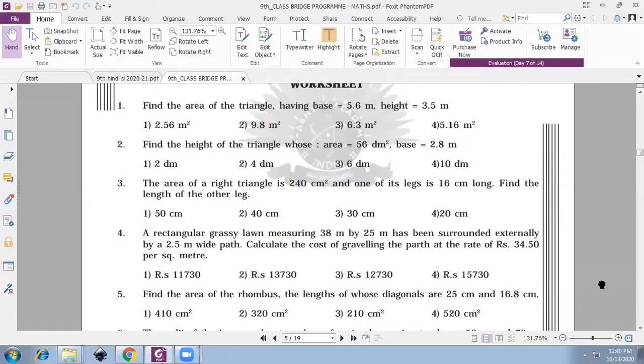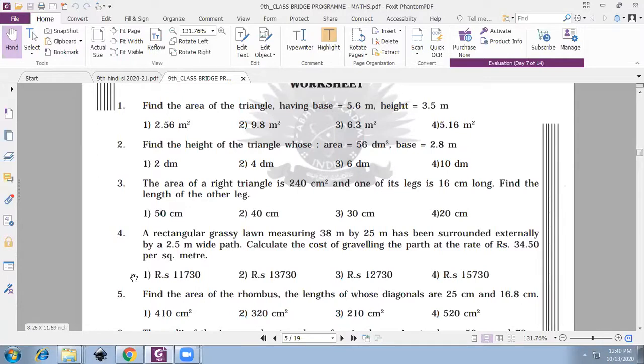Next, in the fourth question, a rectangular grassy lawn measuring 38 meters by 25 meters has been surrounded externally by a 2.5 meters wide path. Calculate the cost of graveling the path at the rate of 34 rupees 50 paise per square meter. So in this question, what is given?